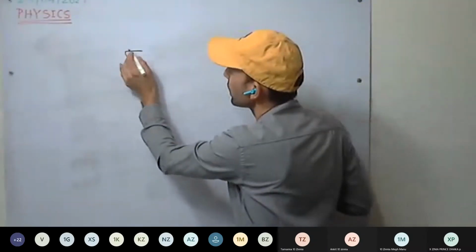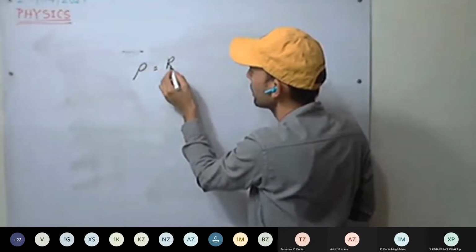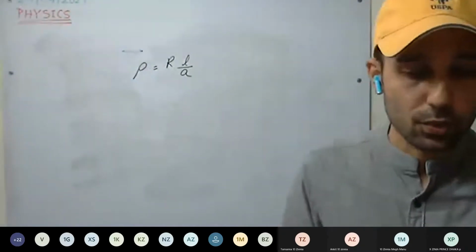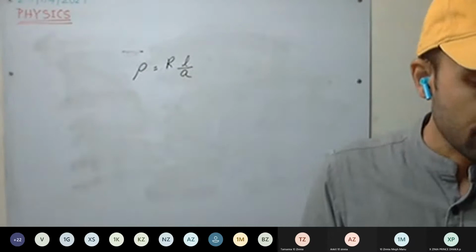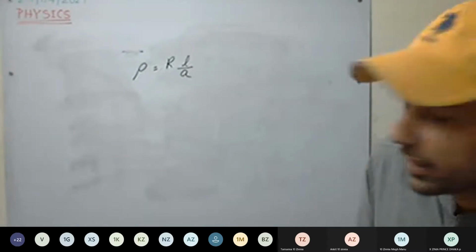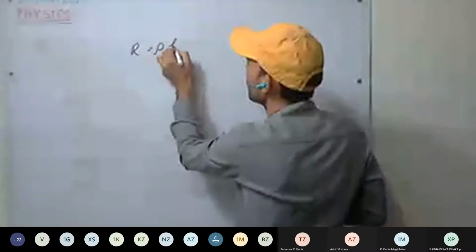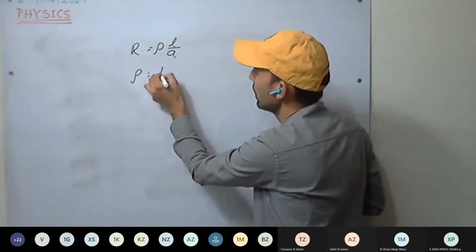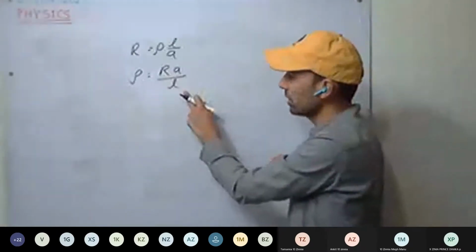Rho equal to R L by A was the definition. R equal to rho L by A, so rho equal to RA upon L. This was the resistivity definition.